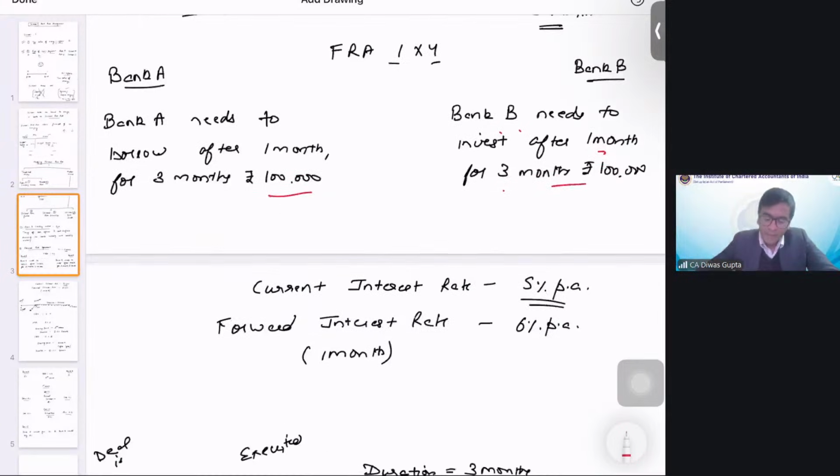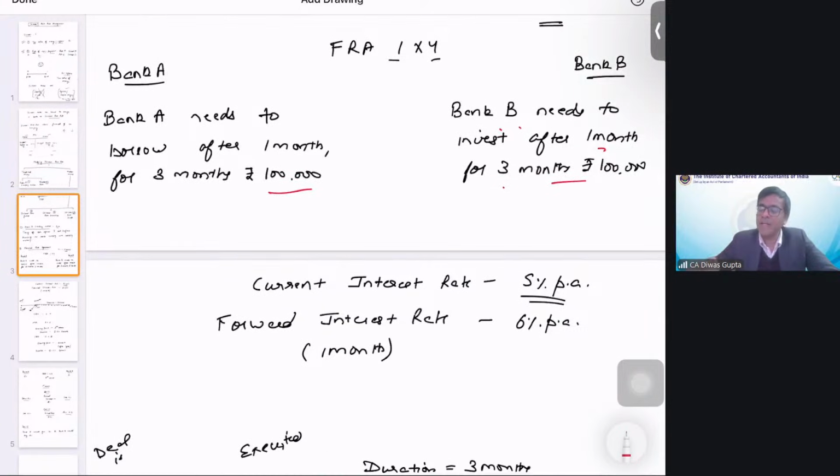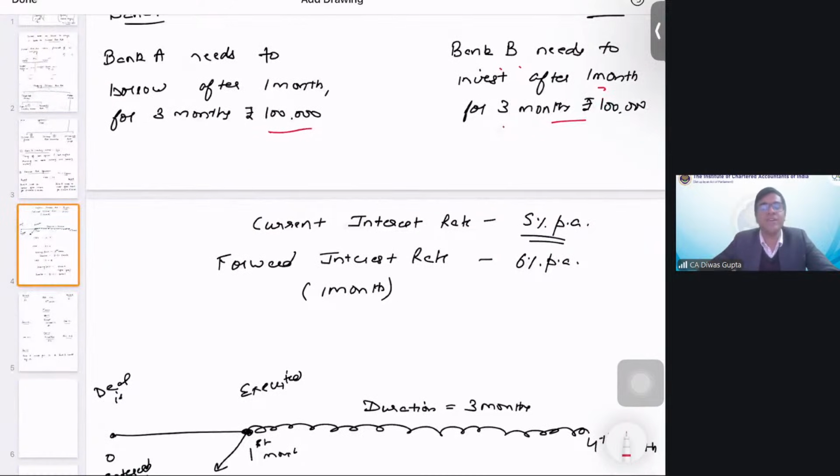Now the question is at which rate the commitment will happen, because the current interest rate is 5% per annum. The forward interest rate is 6% per annum. For example, they have agreed to this 6% per annum. Why is it different from the current interest rate? Because in future the interest rate is bound to change.